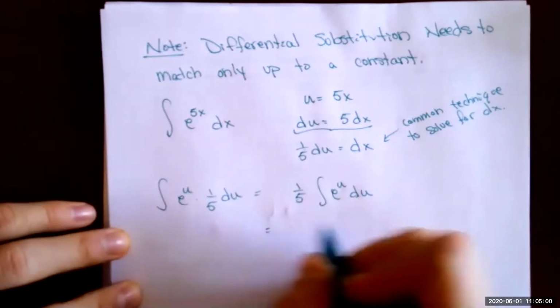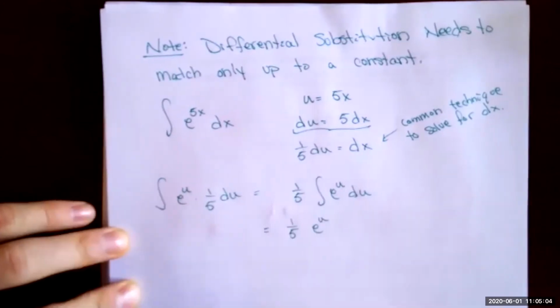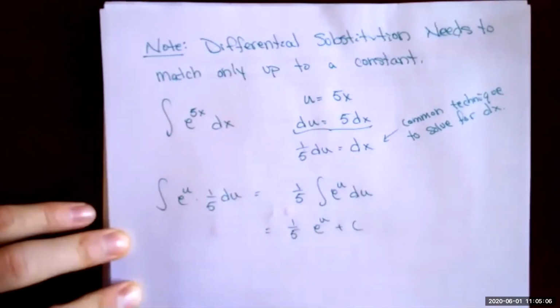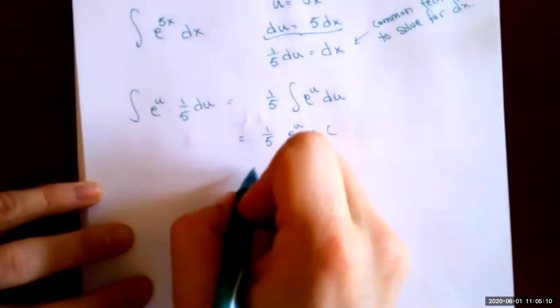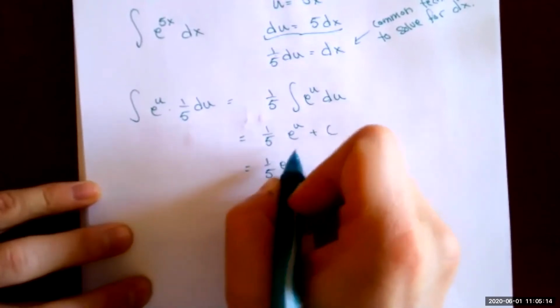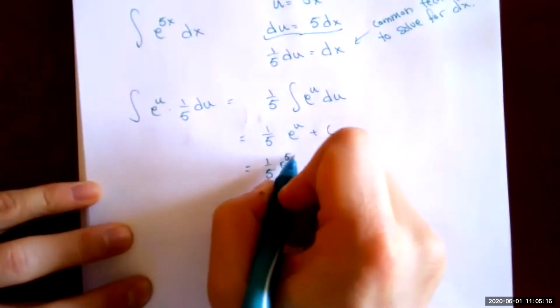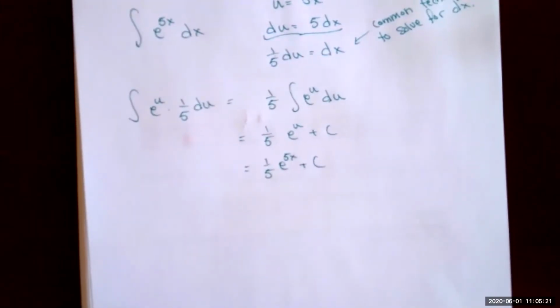And then integrating that, pretty easy. Just e to the u plus a constant. We started with x's, so we've got to end with x's. And so we'll have e to the 5x plus c. So I'll leave it to you guys to check that one.